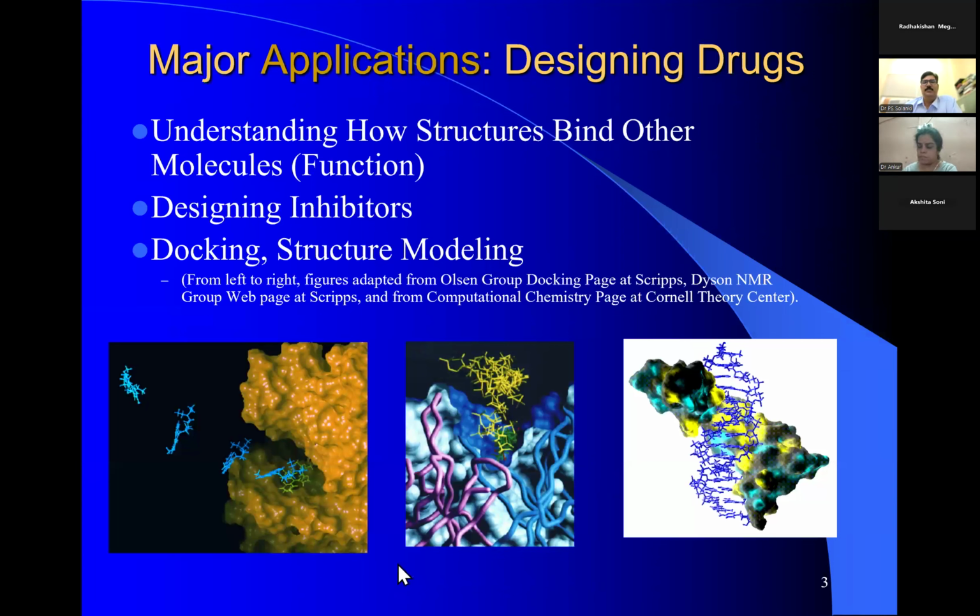So we try to understand how structures bind other molecules and function. Then we design inhibitors. We dock the ligand into the binding site of the receptor. We model the receptor. So there are a lot of things that we do in CAD.